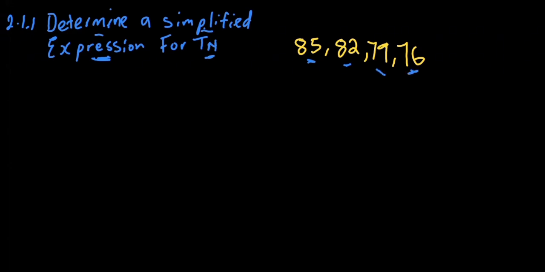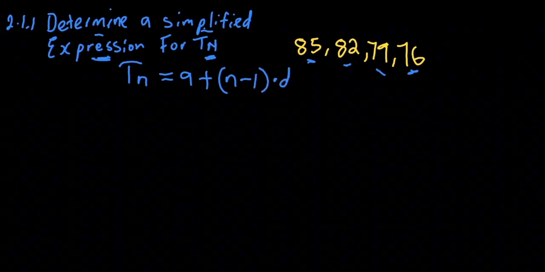Remember, in an arithmetic sequence, the general formula for the nth term, Tn, is given by Tn equals A plus (n minus 1) times D. A here is the first term.